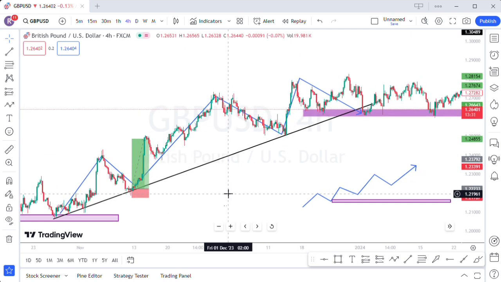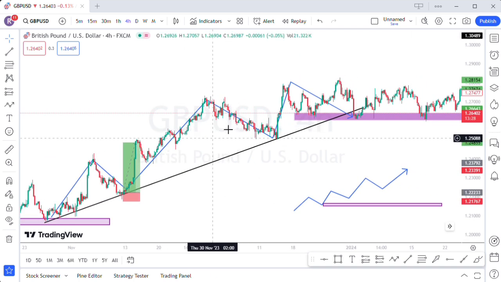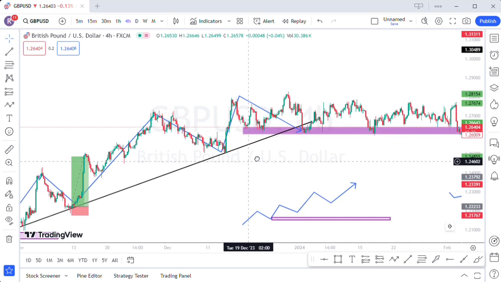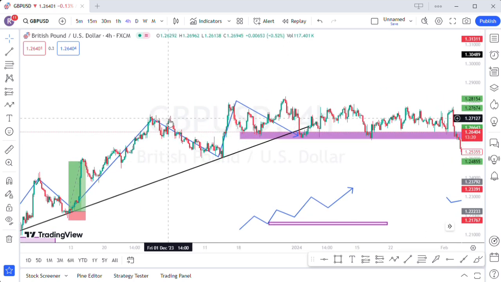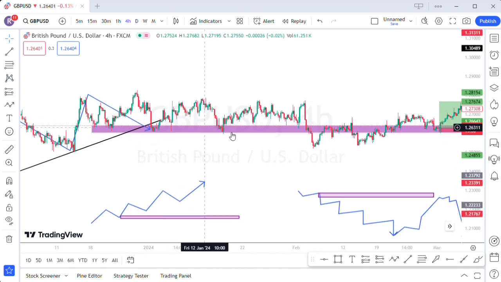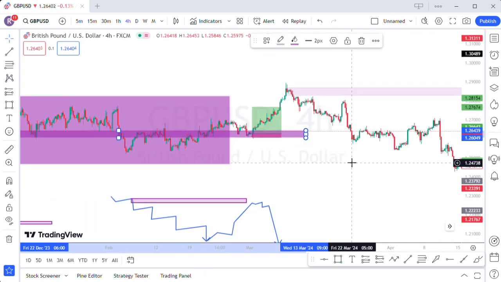Okay, so this is how you could catch very good moves and pips in a scenario like this, just waiting for the market to tap into your point of interest, then you enter into your trade without even a loss.